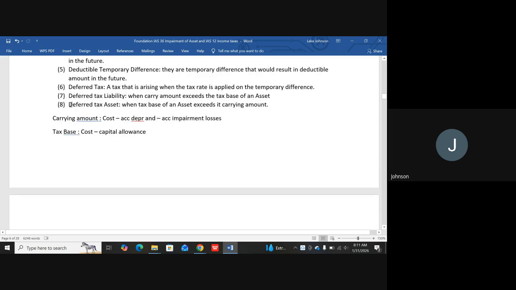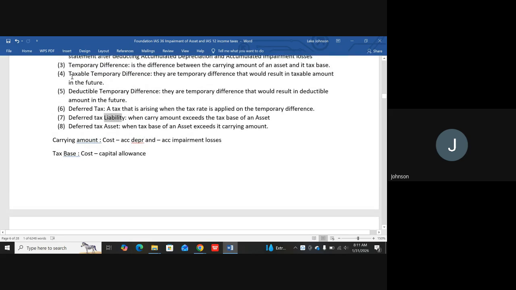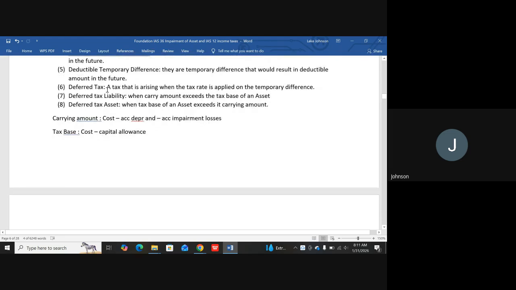Now, when do we have a deferred tax liability? As the name implies, a liability. When you're having a taxable temporary difference, when your carrying amount is higher than your tax base, it's going to create a liability for you. You take the tax rate and multiply it by the difference that you get.